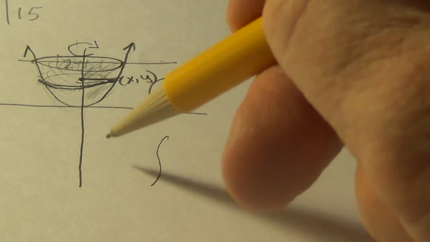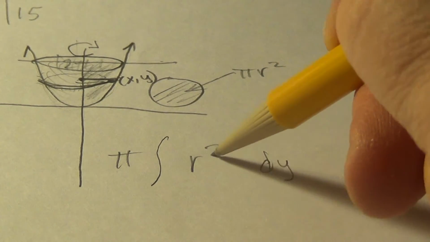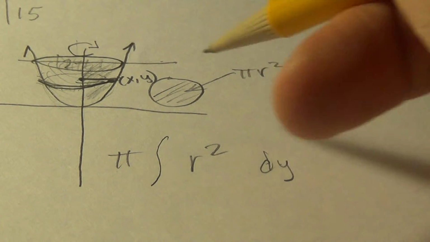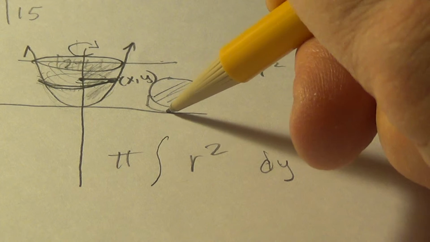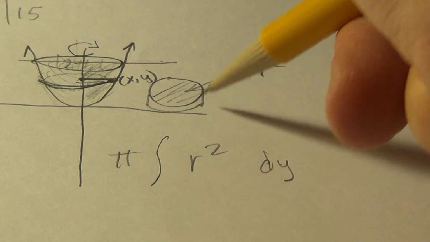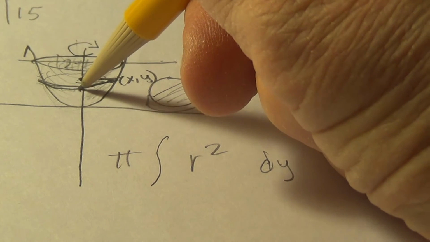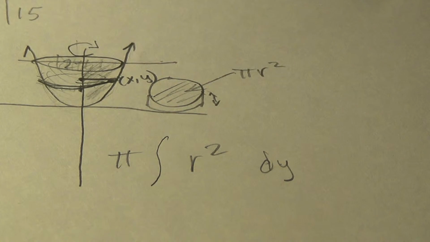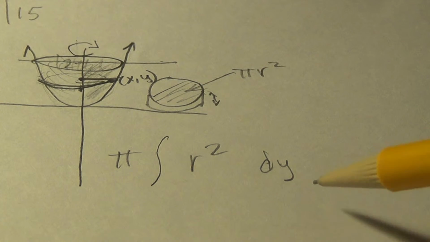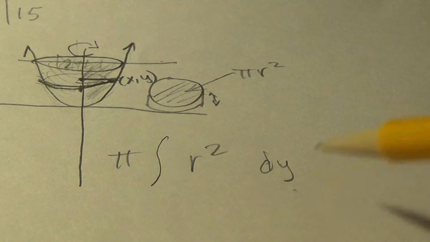So the area is pi r squared, and the thickness, the height you might call it, of this tiny skinny cylinder, this thickness right here, which is shown up on my picture right there, is a change in y so small that we call it dy.